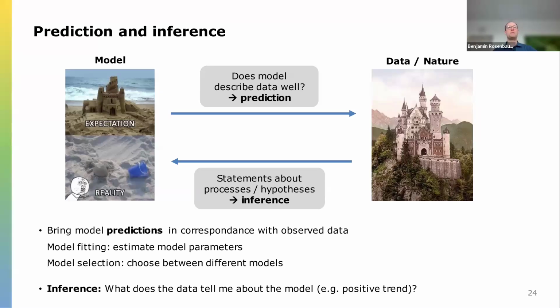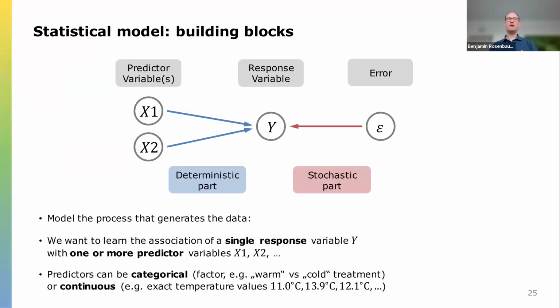Yeah, so this is very abstract here, right? So here we have our little sandcastle, but what we are actually modeling usually looks different. So I now want to formally introduce the parts of a statistical model. Usually we have a single response variable, and we want to model this with respect to some predictors.